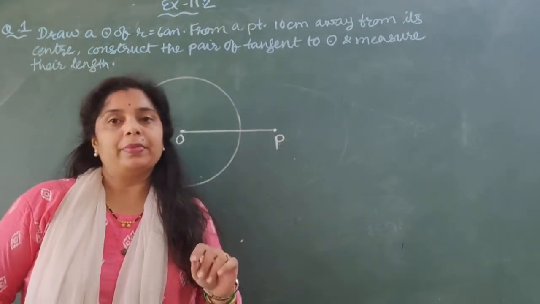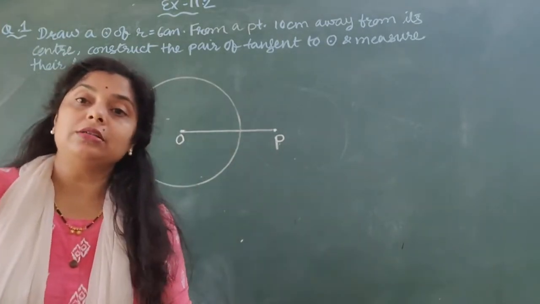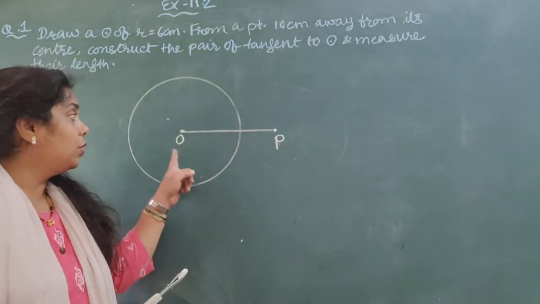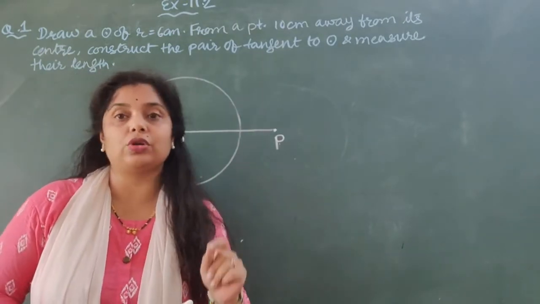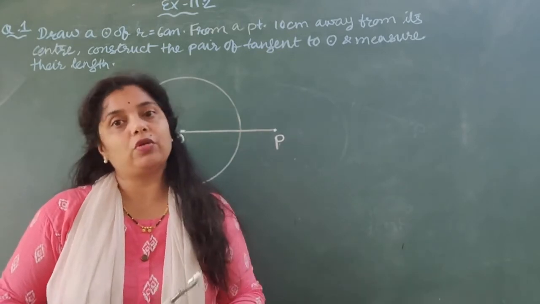Is it clear? Now, next thing is to construct a tangent. So for that, what you have to do? You have to draw a perpendicular bisector of OP.